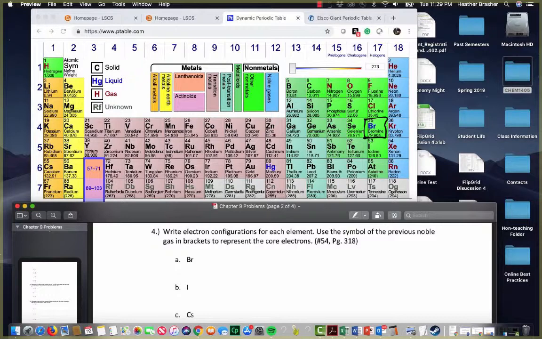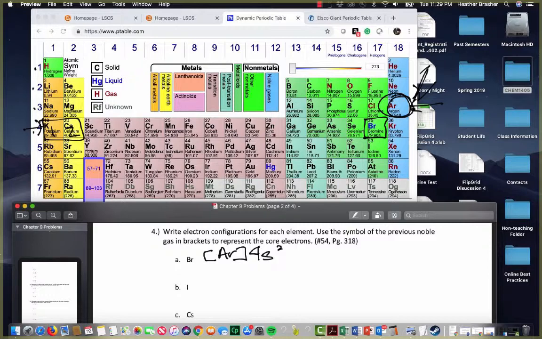So what you're going to do is you look at this line that is here, and you go to the noble gas that is on the line right before it, which is argon. And what you're going to do is you're going to bracket it and write argon here. And then you're going to start from that, because this is basically saying everything to this point is written the same way. And then we start here, which if you look, we're 1, 2, 3, 4. So we're going to start with the 4, and we are an S here, right? So that's S, and it's 1, 2. So you're going to put 2.